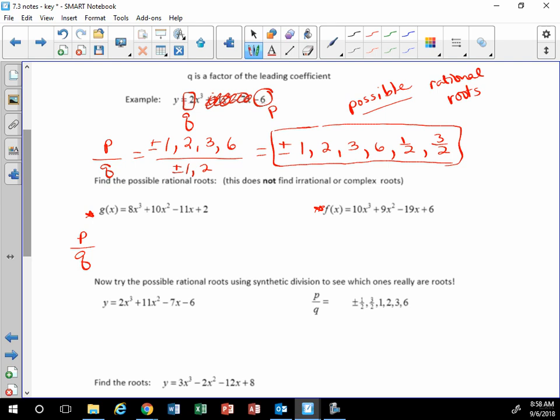Get back to your neighbor, compare. The second one has a little longer list than the first one. Again, just have some sort of organization to how you make your final answers. Don't just randomly put P's over Q's, okay?